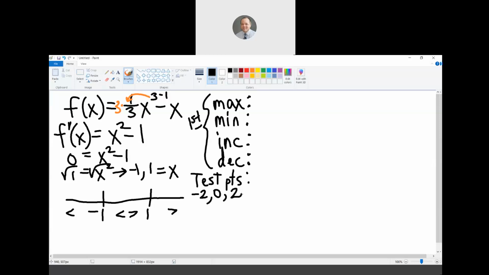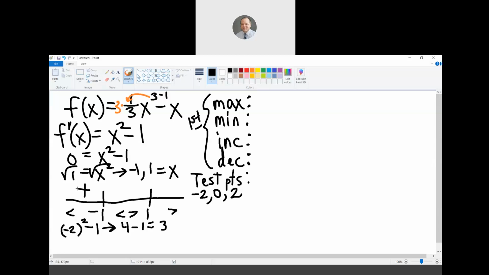So starting with -2, that gives us 4 minus 1, or +3. So anything less than -1 has a resultant sign of a plus.